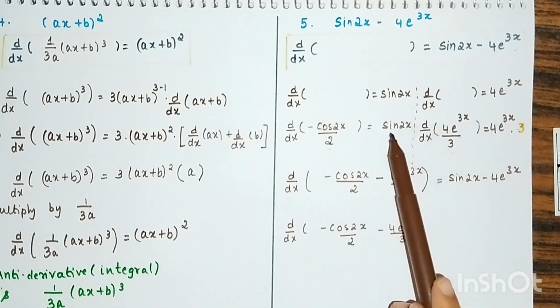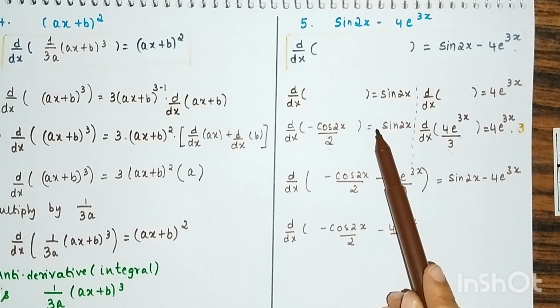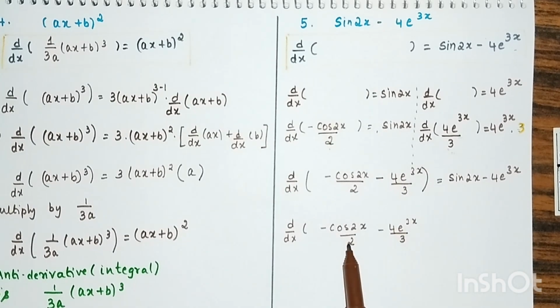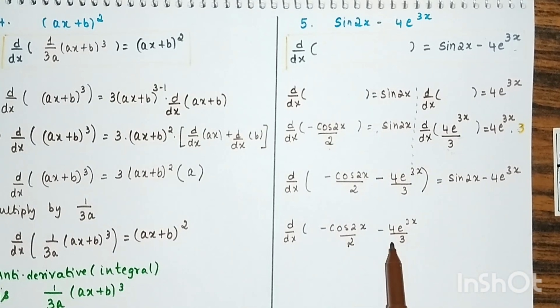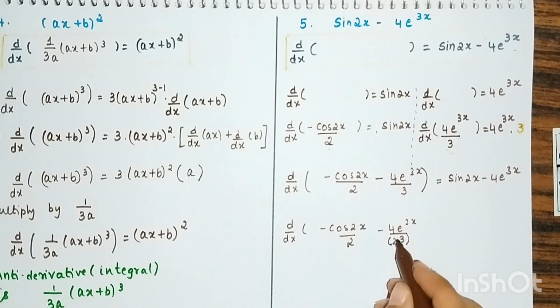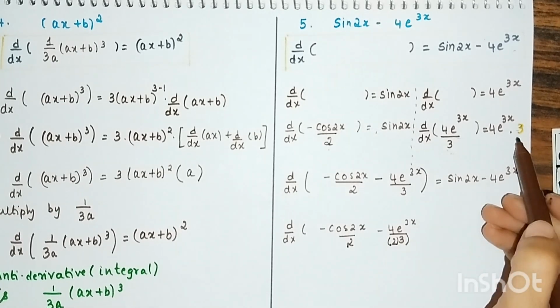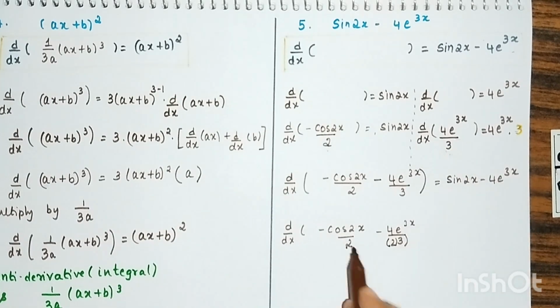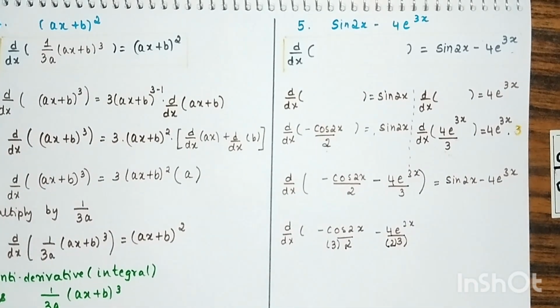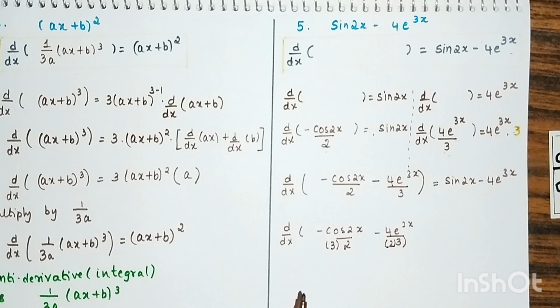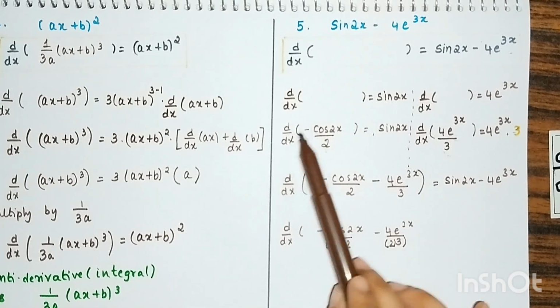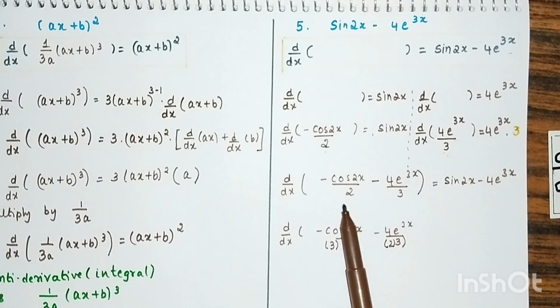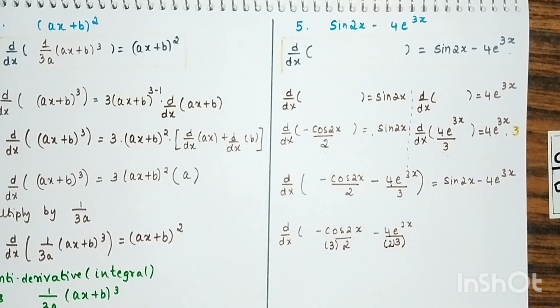Now if you want to cancel the 2 here, you have to write 2 here, and even in this place also you have to write 2 if you do it together. Now here you want to delete 3, so you have to write 3 here also. In order to avoid changing the main function, we will do it part by part and combine the antiderivatives.